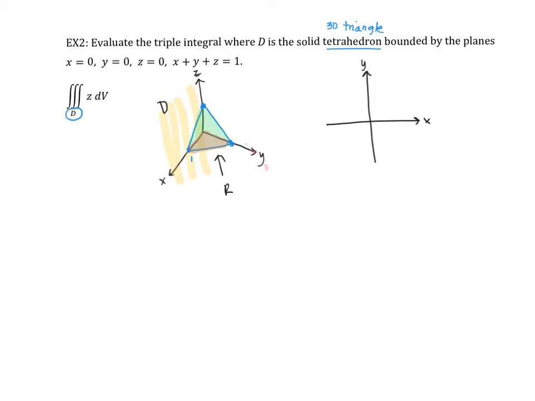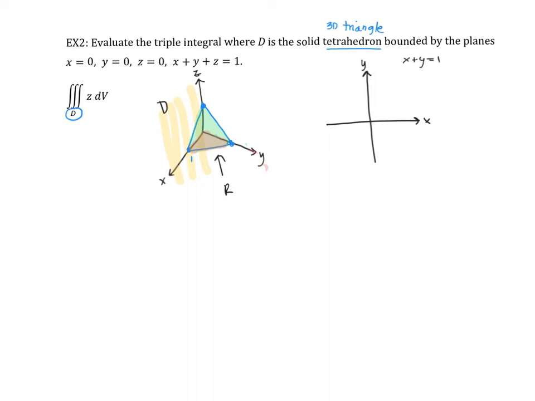All right, so we have x is 0, y is 0. Remember, when we're in the xy plane, what we do is we put in 0 for z. So if I put in 0 for z, I have x plus y equal to 1. When x is 0, y is 1. When y is 0, x is 1.